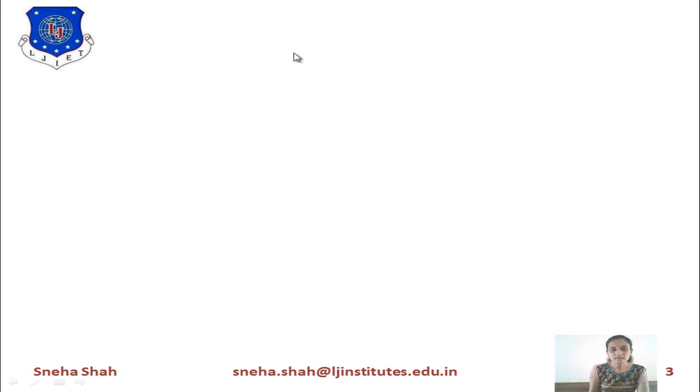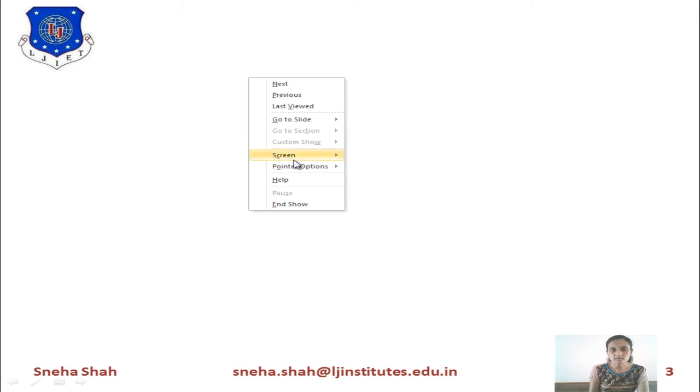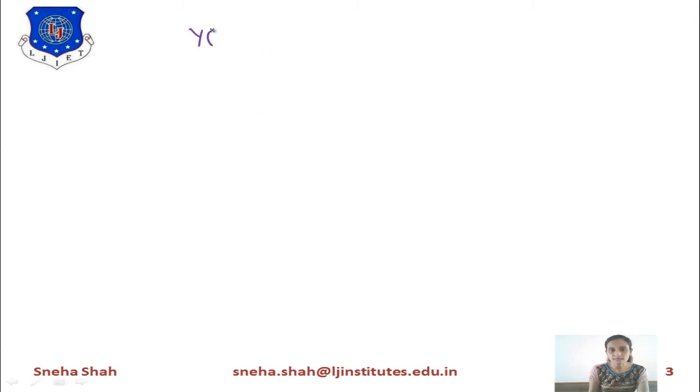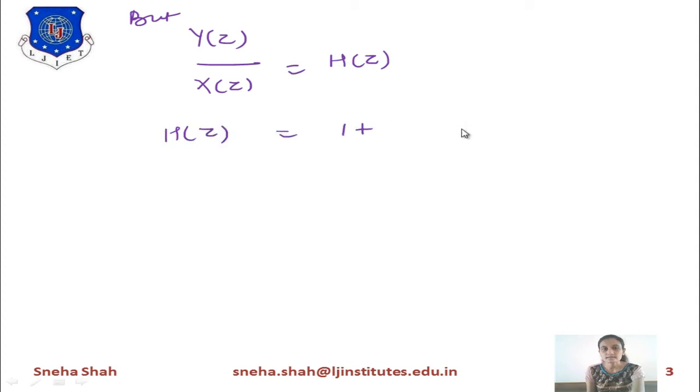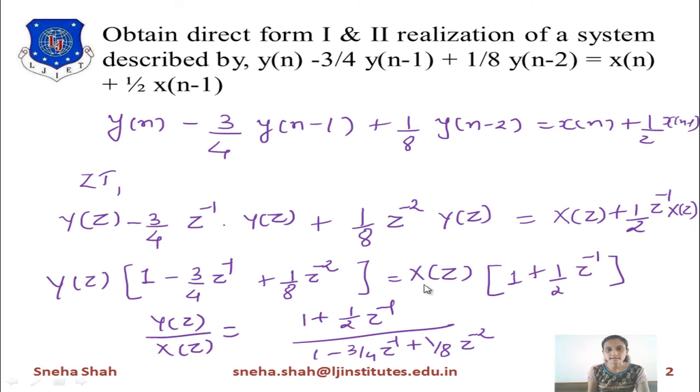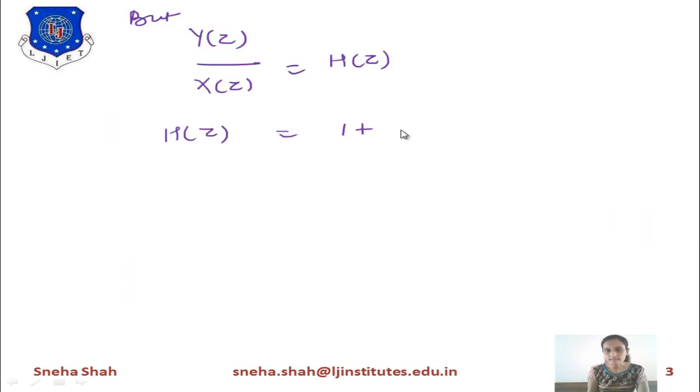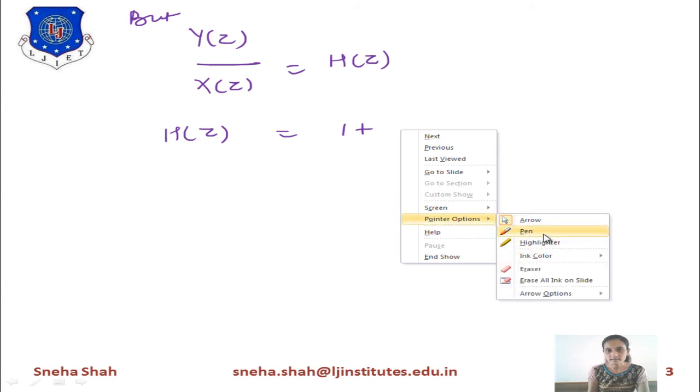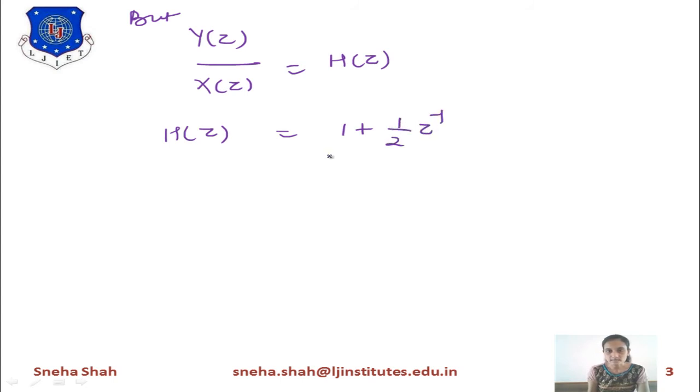Now as you know that Y of z upon X of z equals H of z, so we will write like this: H of z equals 1 plus, you can see from this term, 1 plus 1 by 2 z inverse divided by 1 minus 3 by 4 z inverse plus 1 by 8 z raised to minus 2.